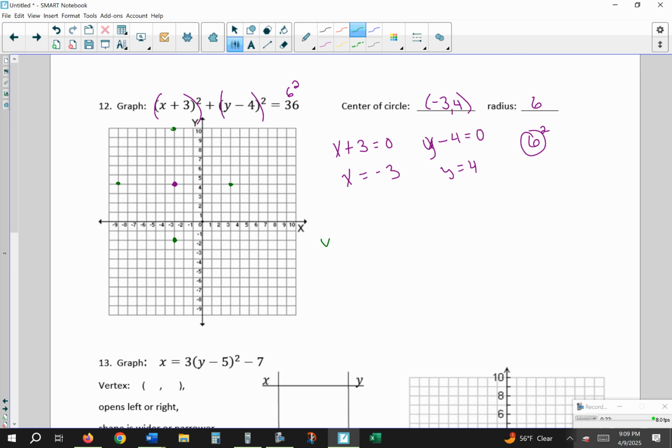And because it's a circle, then we're just drawing that curve as we go. I always have trouble with that bottom point hitting it. That more or less looks like a circle.